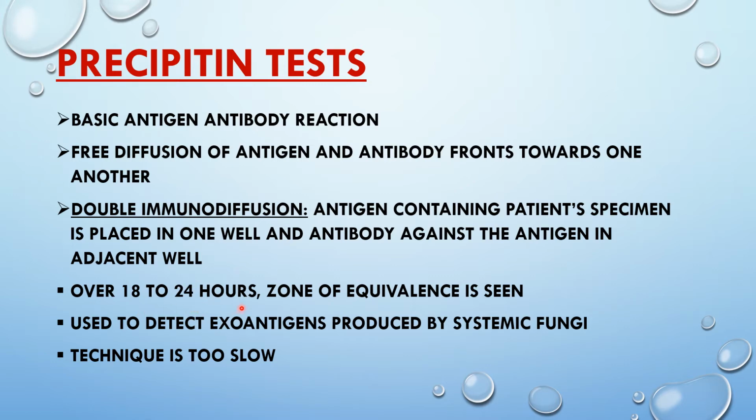Over 18 to 24 hours, a zone of equivalence is seen wherever antigen and antibody meet each other. This is used to detect exoantigens produced by systemic fungi, and this technique is too slow.